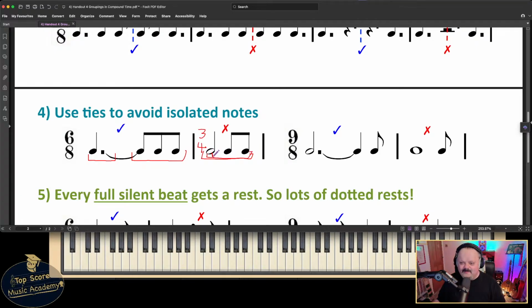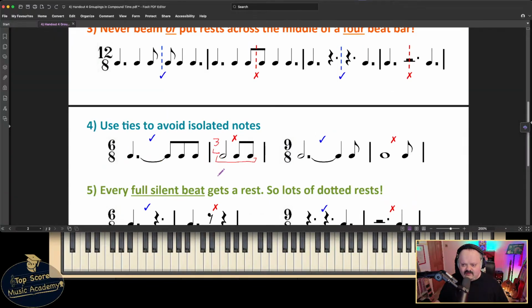That's not good. That's 3/4. Fine, and that's okay in 3/4 if you're looking for 3 beats in the bar, but we were only looking for 2. Be careful that you don't leave isolated notes hanging. Everything needs to add up to a full bar. Okay, let me see if I can just undo that. There we go.